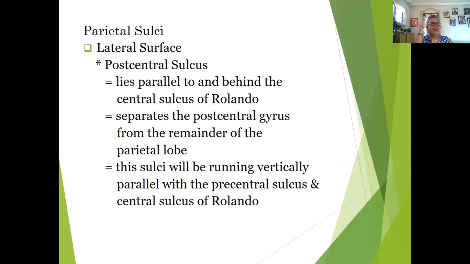So this is behind the central sulcus of Rolando and separates the postcentral gyrus from the remainder of the parietal lobe. Now, this sulcus will be running vertically parallel with the precentral sulcus and the central sulcus of Rolando.